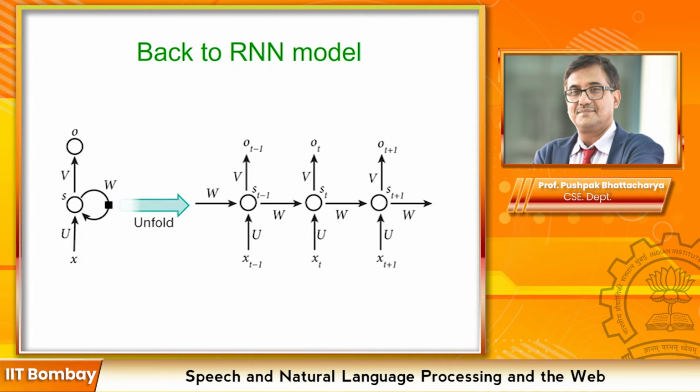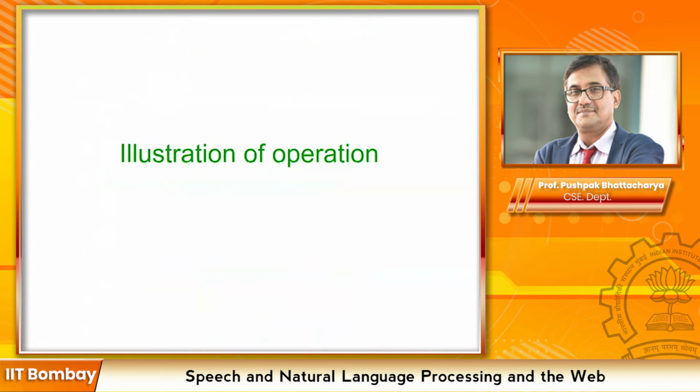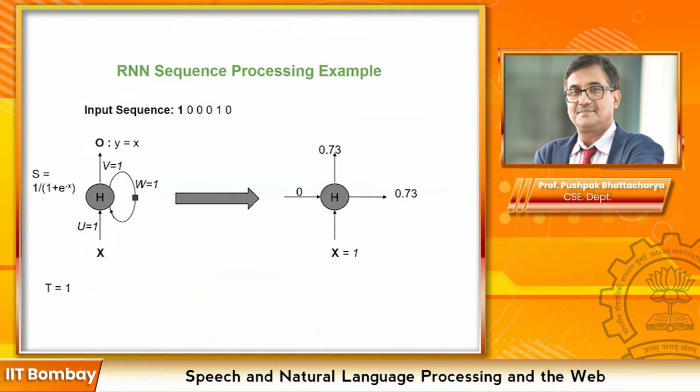So coming back to the RNN model, let me illustrate this with an example. Suppose I have this very simple neural network, a single neuron called H, which receives the input X, and that is a bit 1 or 0. And the weight is U from input to the neuron of value 1.